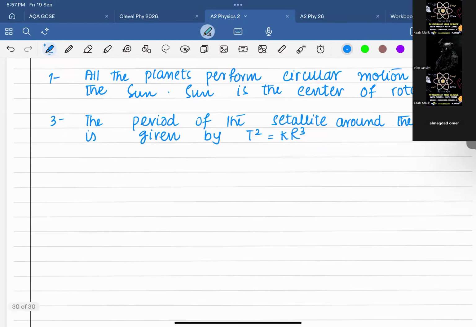Okay, so these are the two laws that we have, and for the second law, we have to do the workings. But let's talk about the satellite and the motion.